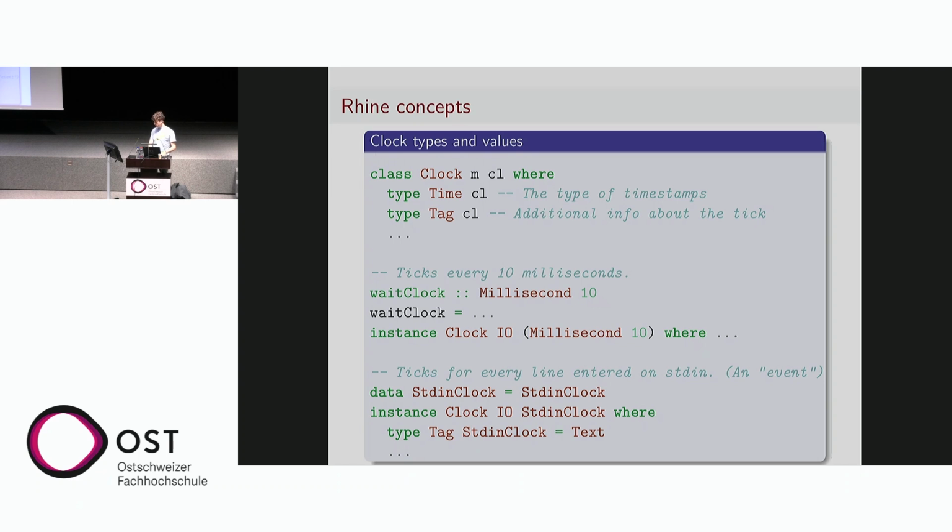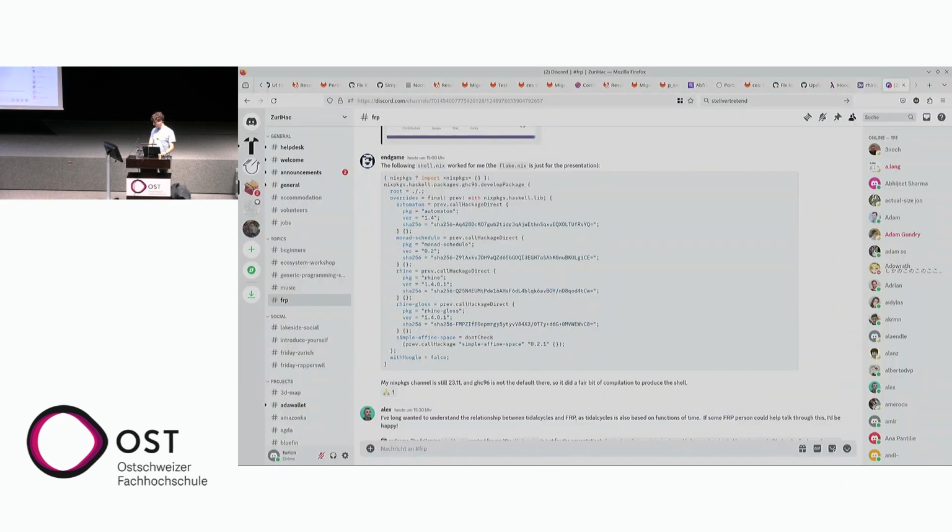If you use NixOS or something with Nix, you can use a Nix expression like this and save it as shell.nix, thanks to Endgame. It's on the Discord channel in the FRP channel, so that should work.